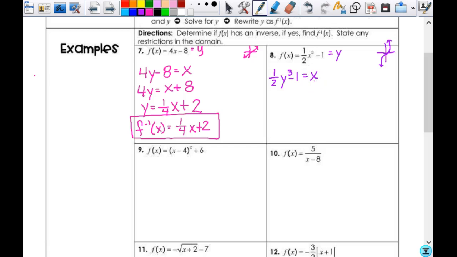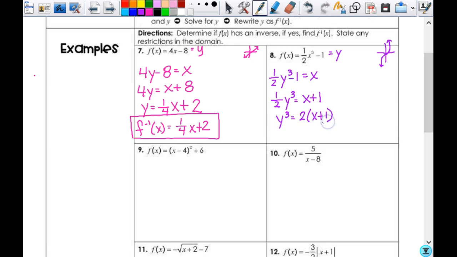Okay. So then I need to solve for y, right? What should be the first thing I do? Add 1 to both sides. So I get 1/2 y cubed equals x plus 1. Then what should I do? Multiply both sides by the reciprocal, which would be 2. So if I multiply both sides by 2, that'll give me y cubed equals 2 parentheses x plus 1.